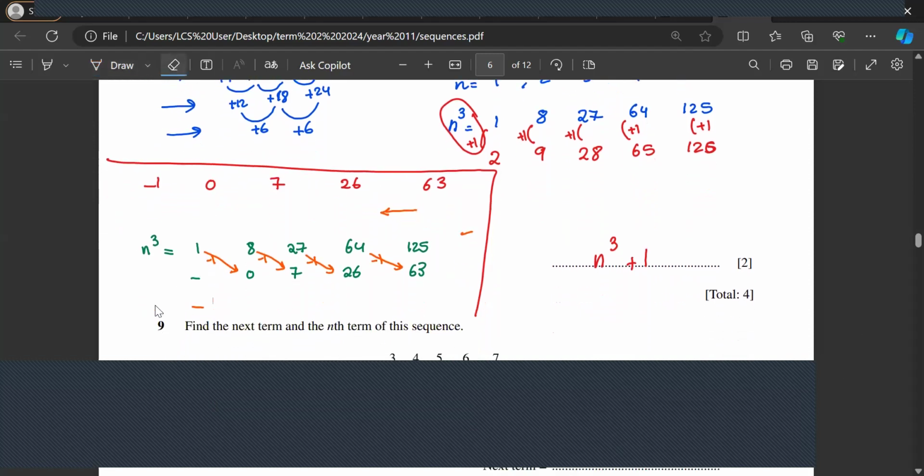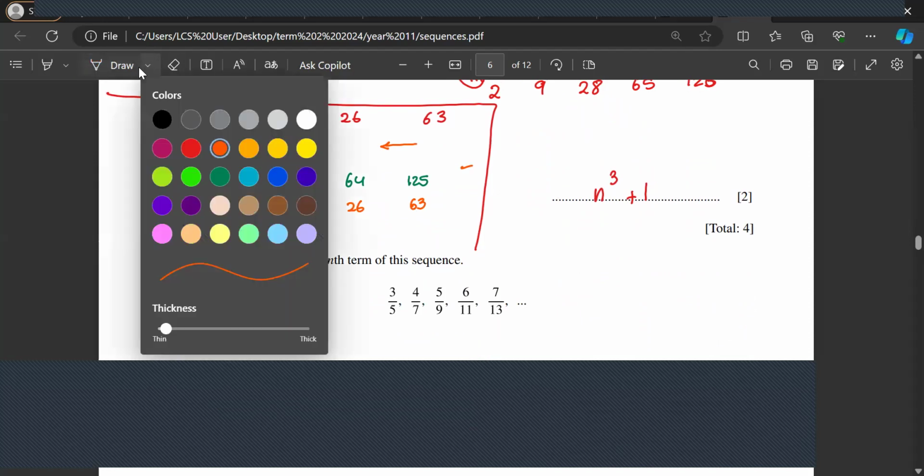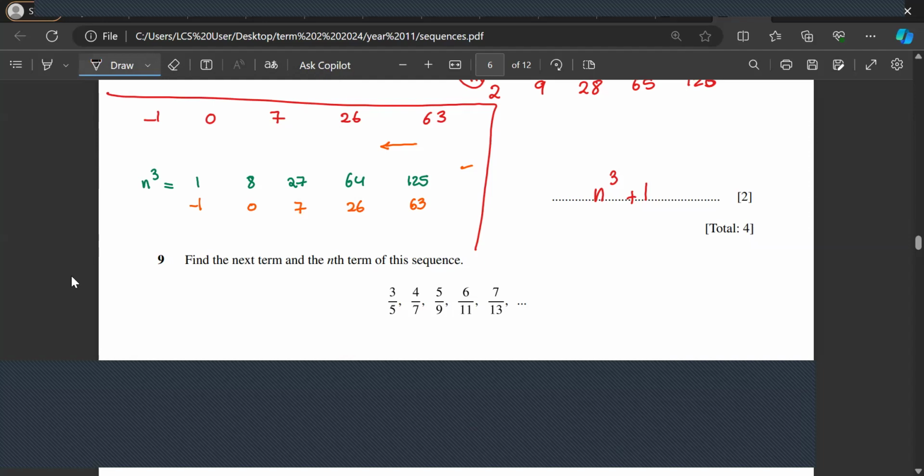Okay, let me write it again. Here I wrote n cube. Now I am going to write my question under it like this. Okay, then what should I do? Find a relation between them. Look here, I feel like they are subtracting 1, but not from the term under it. Here, subtracting 1.